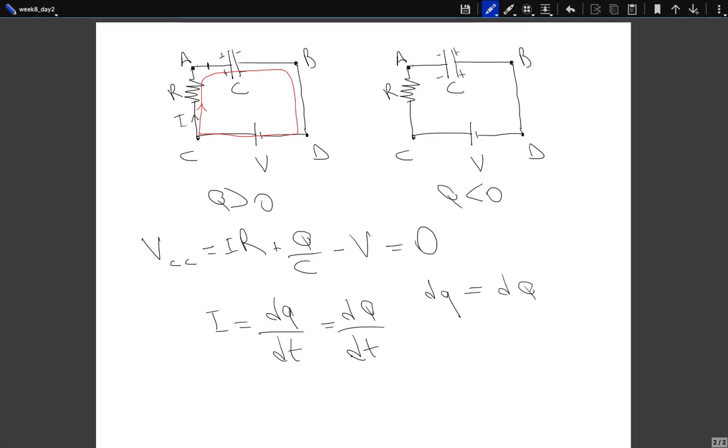Let's also make a check. If I is positive, so the current is running in the shown direction, do you expect the rate of change of the charge in the capacitor to be positive or negative? It should be positive. So the rate of change of the charge of the capacitor should be positive if I is positive.